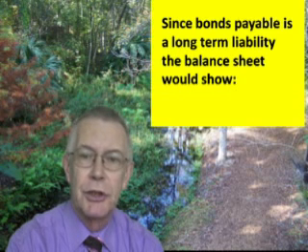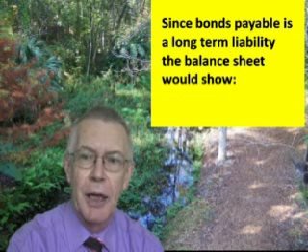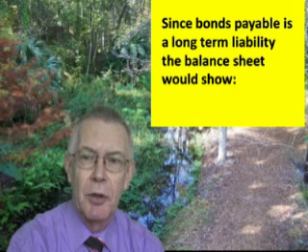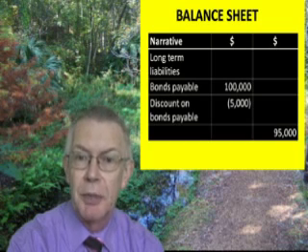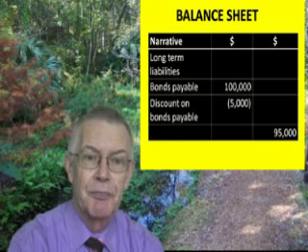The contra account is used to record the discount, and this account will be subtracted from the bonds payable on the balance sheet. It reduces the liability of bonds payable on the balance sheet. So what would the balance sheet look like? The balance sheet will show that at this point the liability on bonds payable has been reduced by $5,000 and so is recorded as $95,000.